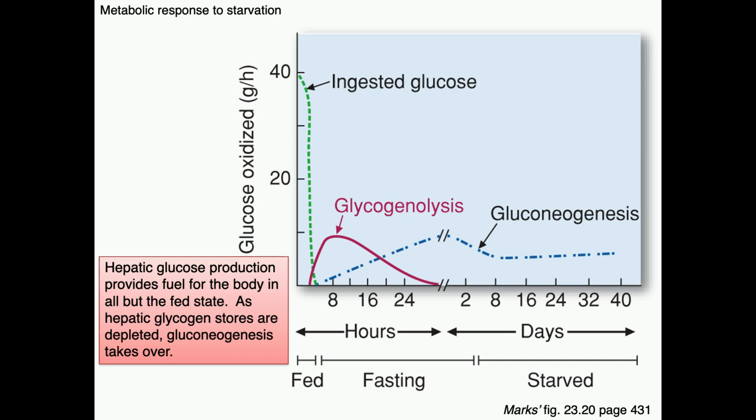You can see that in that period immediately after the meal, we're using a lot more glucose than when we're in the fasted or starved state. So in this fed state metabolism, or the postprandial period, glucose is our preferred fuel, and that glucose is coming from our last meal.